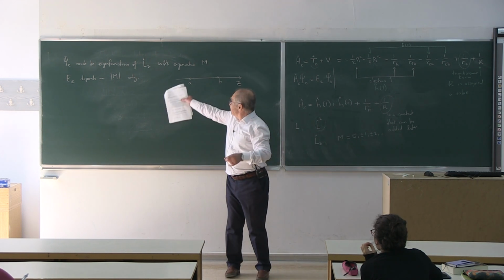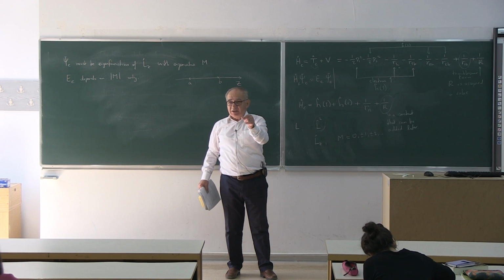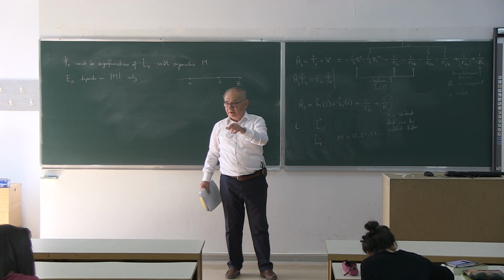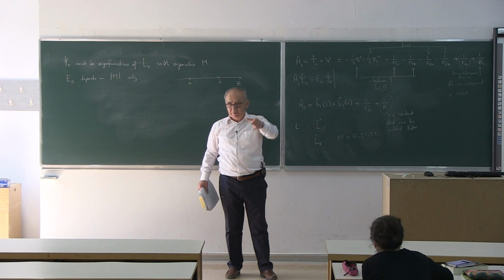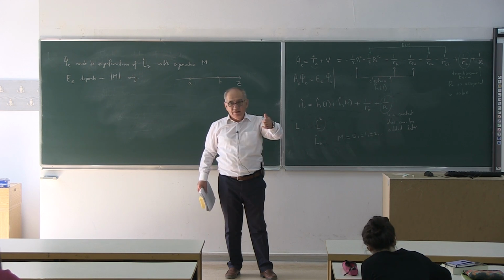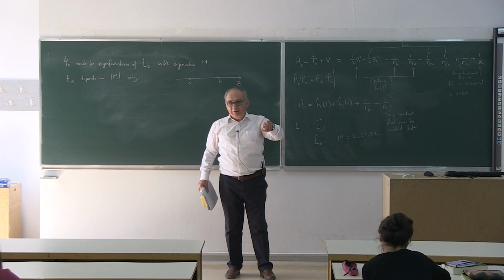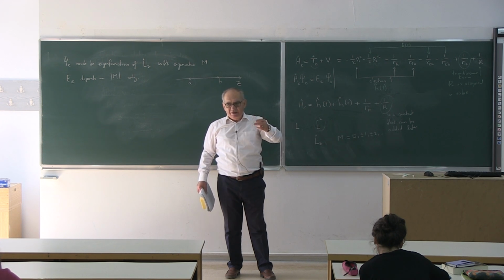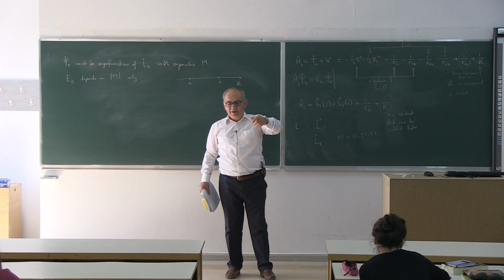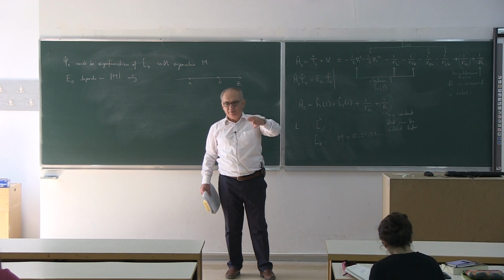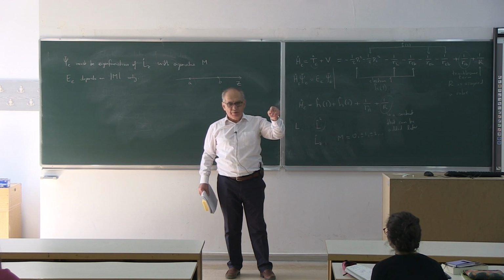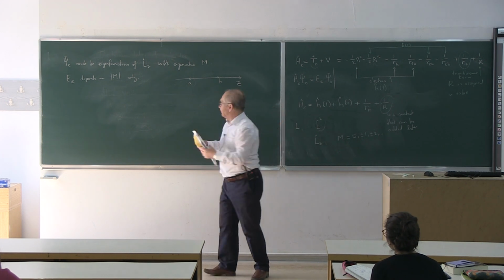That means the states with m equals +1 and m equals -1 have the same energy, because the absolute value is 1. Whenever we have two states with the same energy, which term do we use? Degeneracy. So every state with non-zero m, +1, -1, +2, -2, is doubly degenerate with respect to space variables.